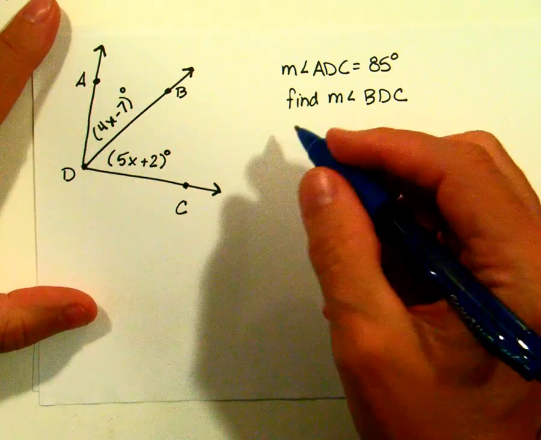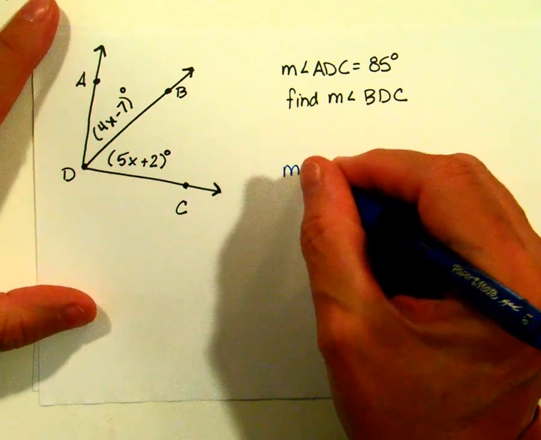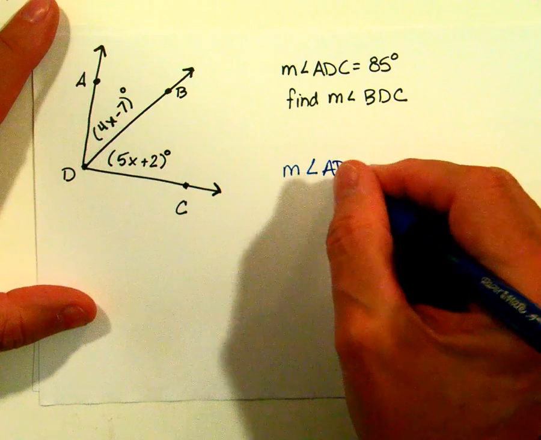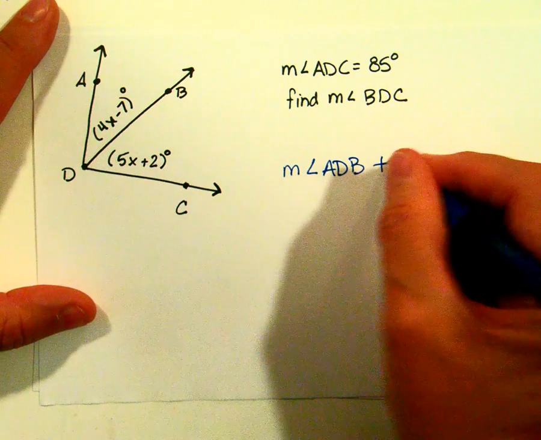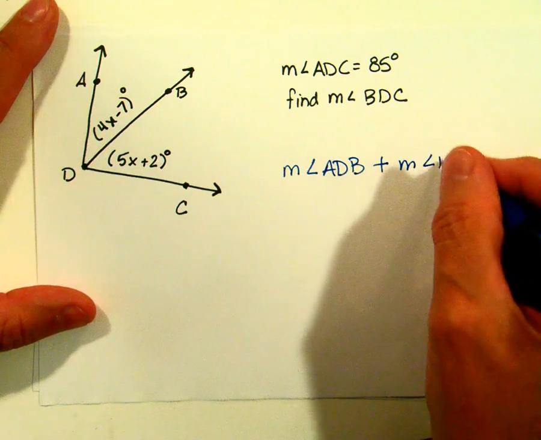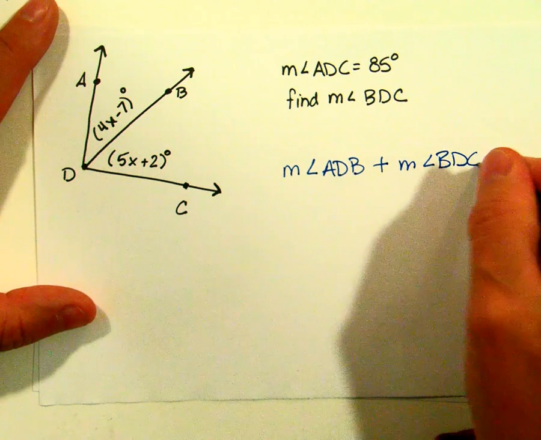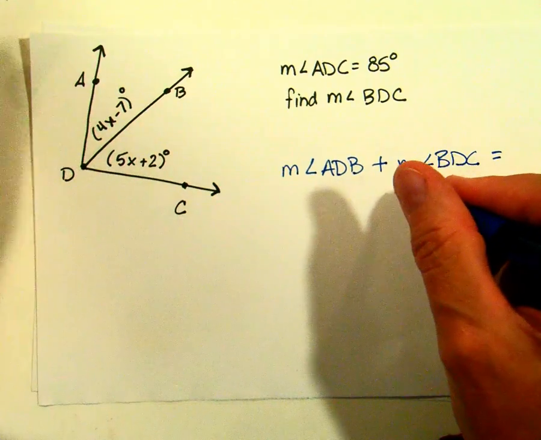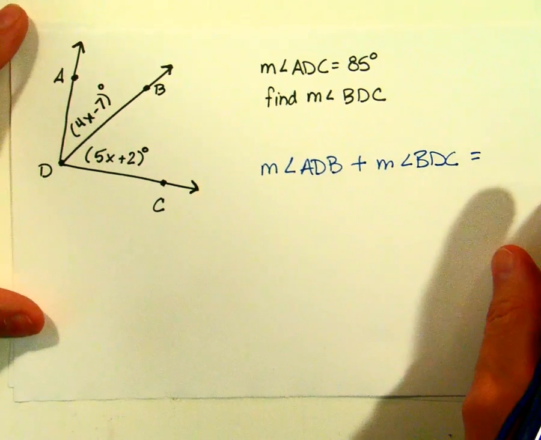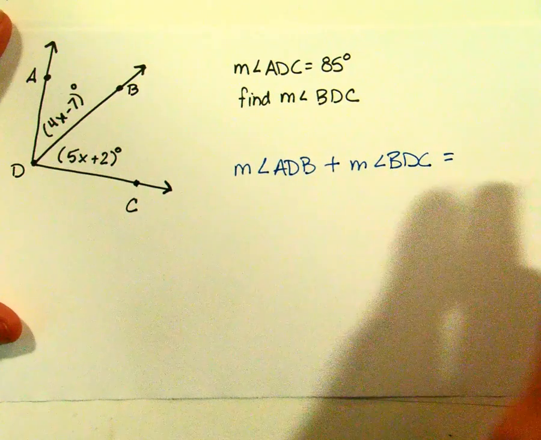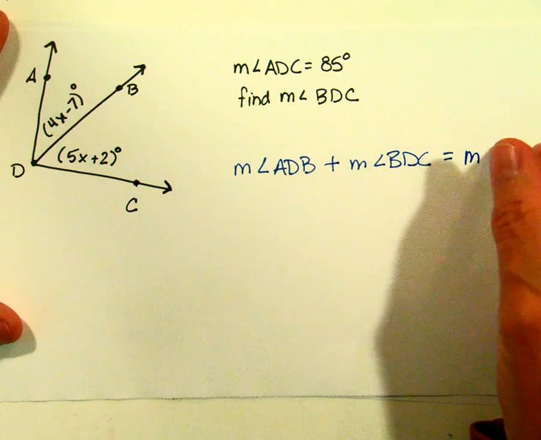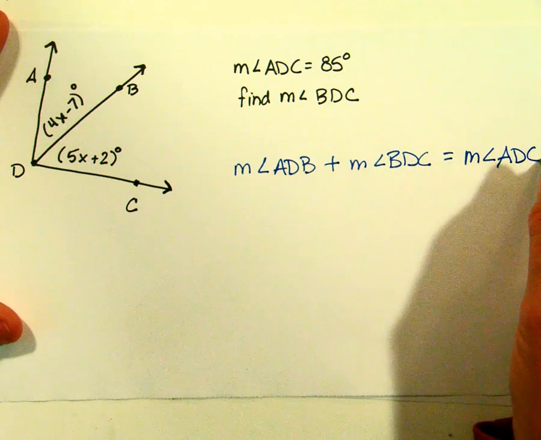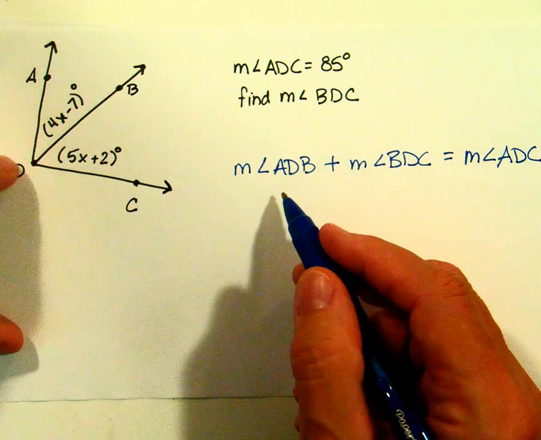I'm going to say that the measure of angle ADB plus the measure of angle BDC is equal to the measure of angle ADC. It's a number, so I say equal, I don't say congruent. Let's look at the drawing here.